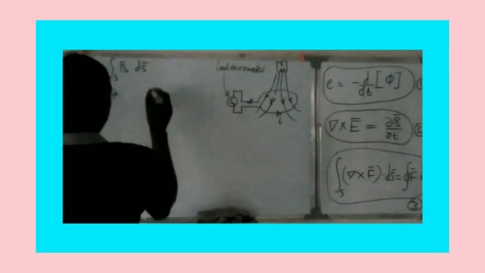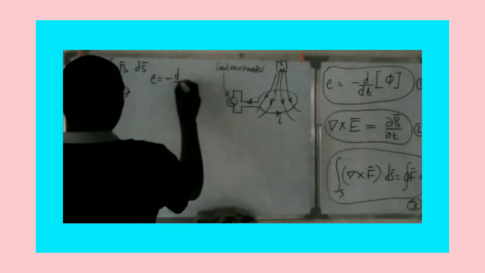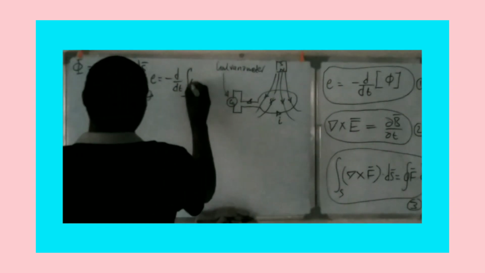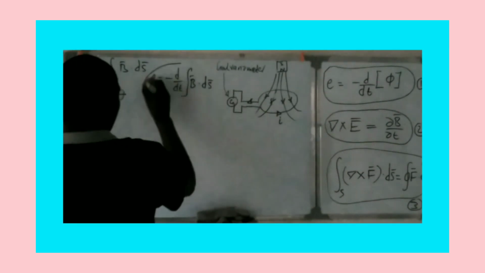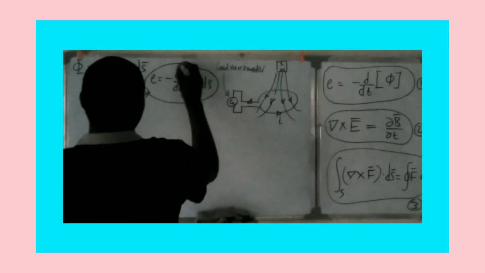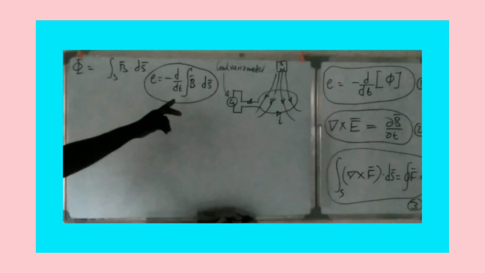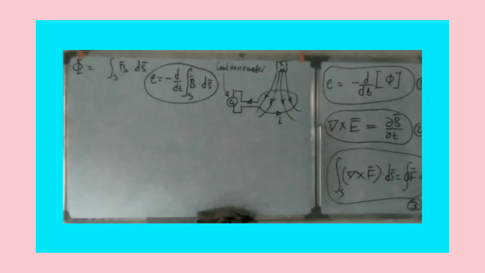So here we can write E is equal to minus d dt of this one here, which is B ds. So let's circle it nicely there. So our E is minus d dt of the surface integral of B ds.